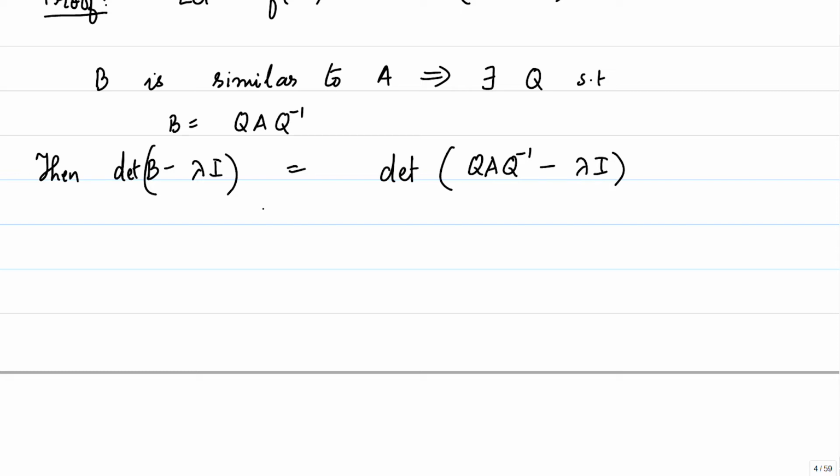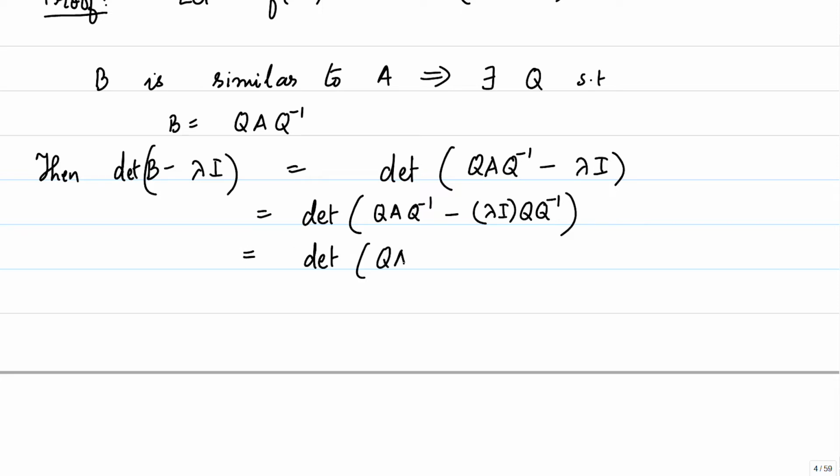So this is nothing but the determinant of QAQ inverse minus lambda I times Q Q inverse, because Q Q inverse is just the identity, and because it commutes, this will turn out to be QAQ inverse minus Q lambda I Q inverse.